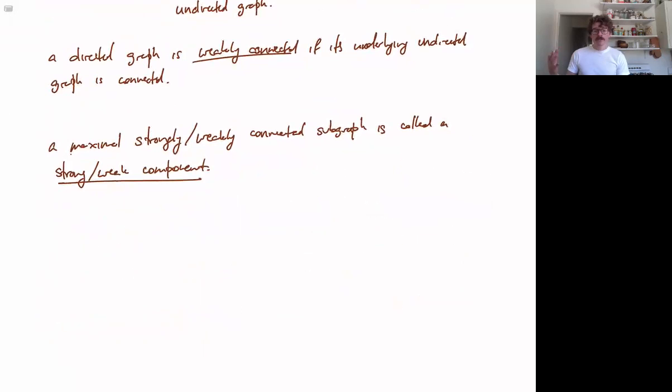Right. So the difference with directed graphs, the point of making these definitions, is that strong and weak connectivity behave very differently. Whereas for an undirected graph, you can immediately look at it and very easily see whether it is connected or not, for a directed graph, it can be much more subtle.